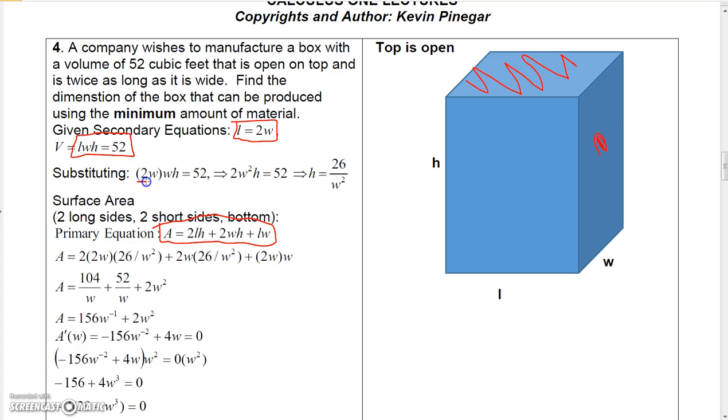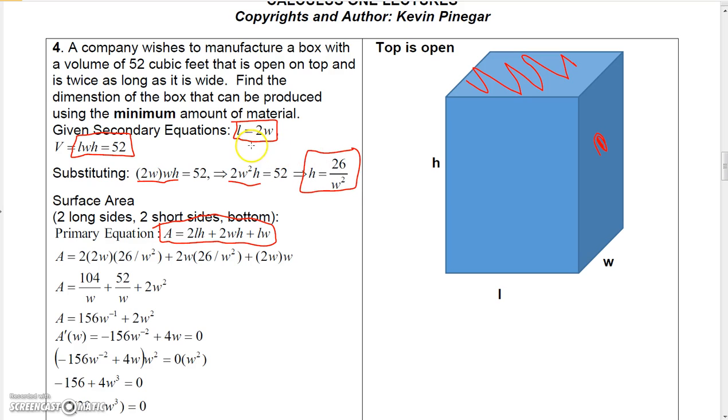So therefore, I get 2W times WH equals 52. Well, that's the same as 2W squared H equals 52. So now I can solve for H in terms of W. If I divide 2W squared into 52, I get H equals 26 over W squared.